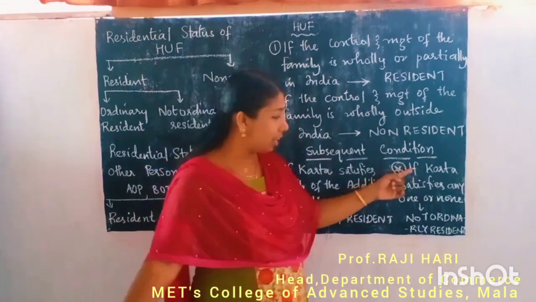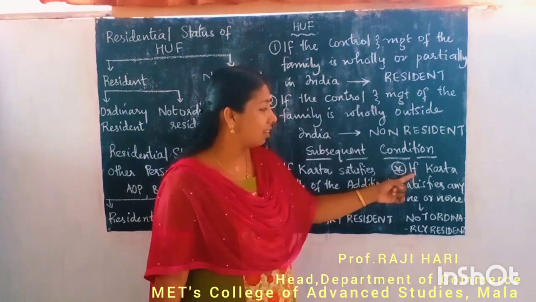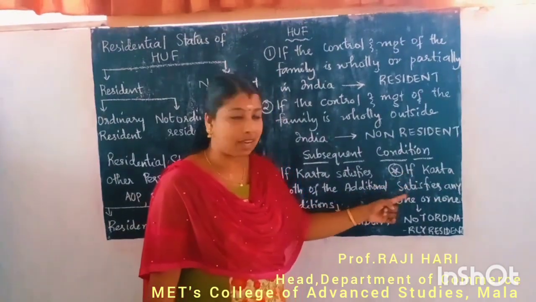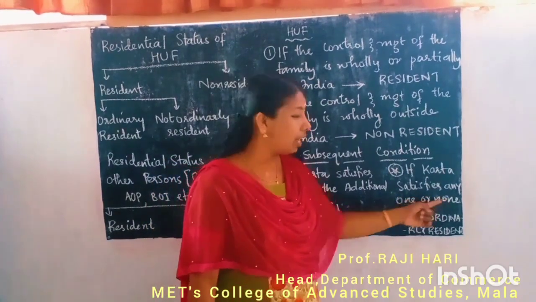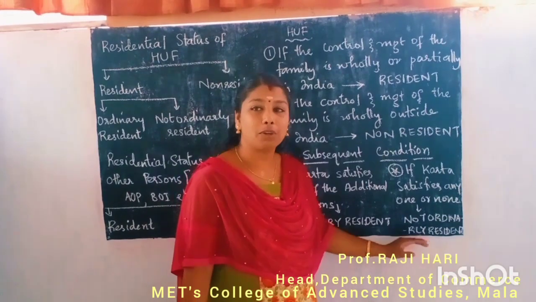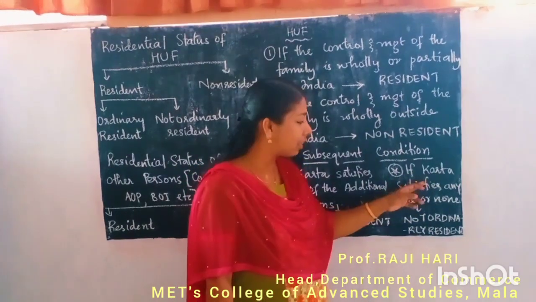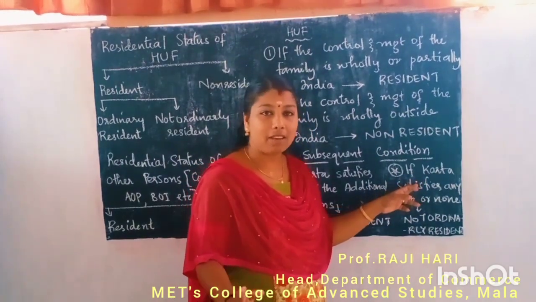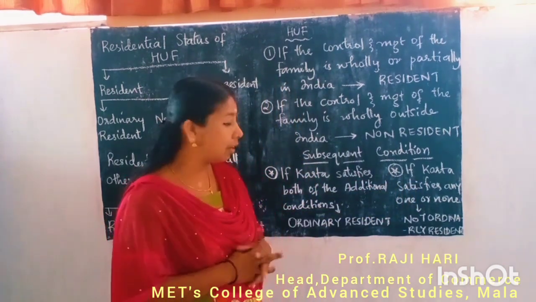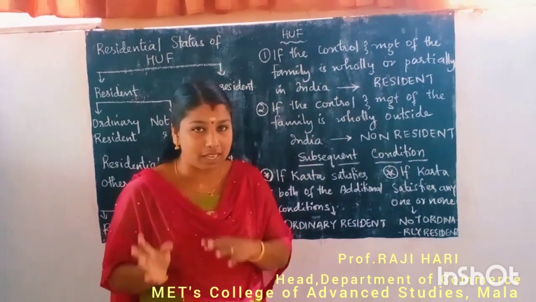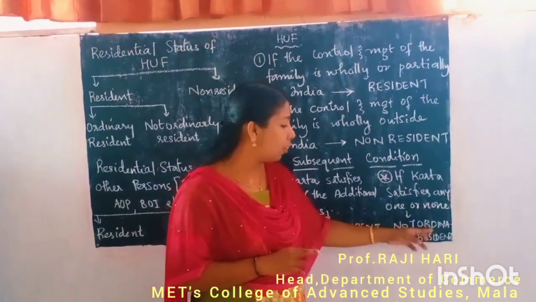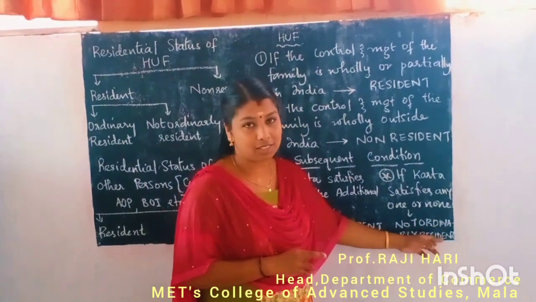So the second one is, if the Karta or the manager satisfies any one or none of the additional conditions, that family is not ordinarily resident. If he does not satisfy both of the additional conditions, the family is known as not ordinarily resident.